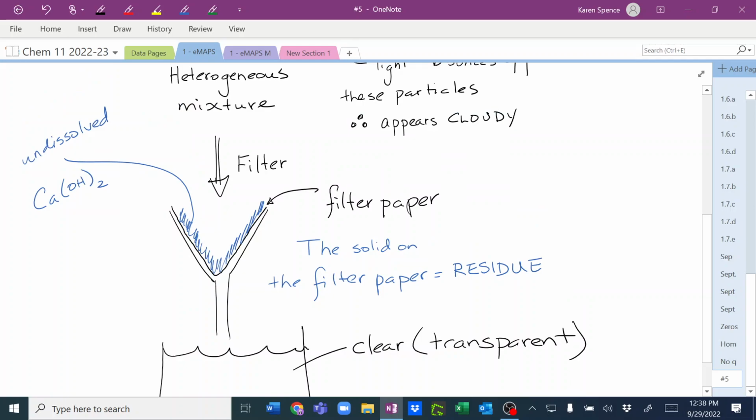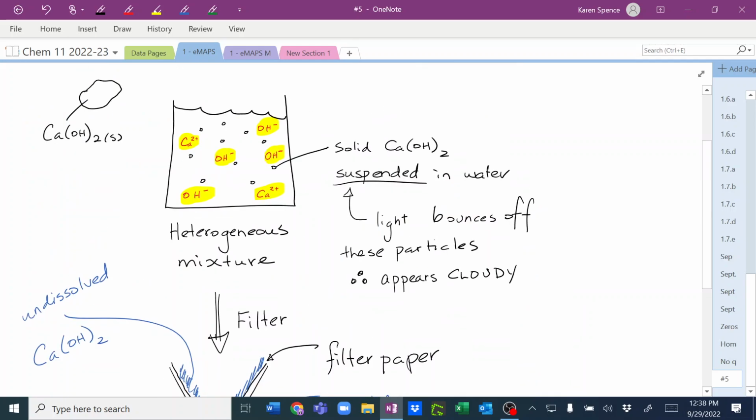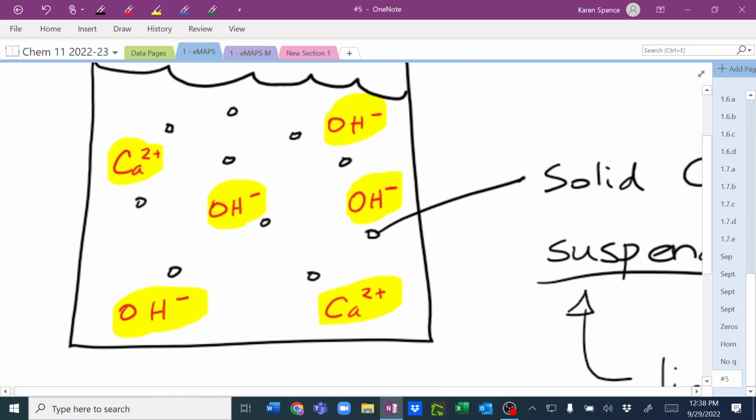And if we go back to our little diagram here, which of these particles got stuck on the filter paper? The little solid ones, yes? Now, it is unfortunate that I can draw a solid particle really small, but when I draw an ion, because it says Ca2+, can I draw it really small?